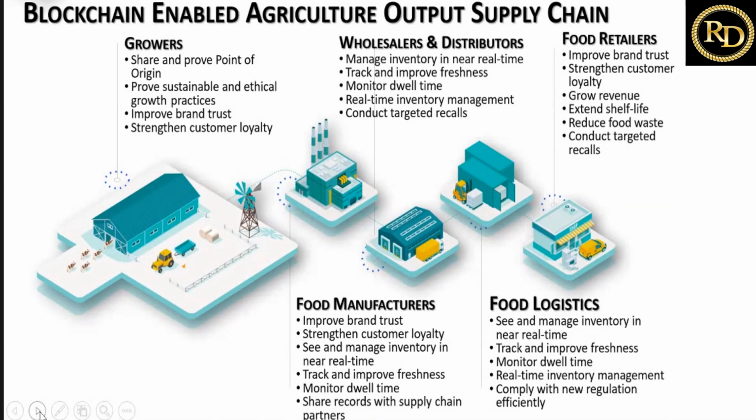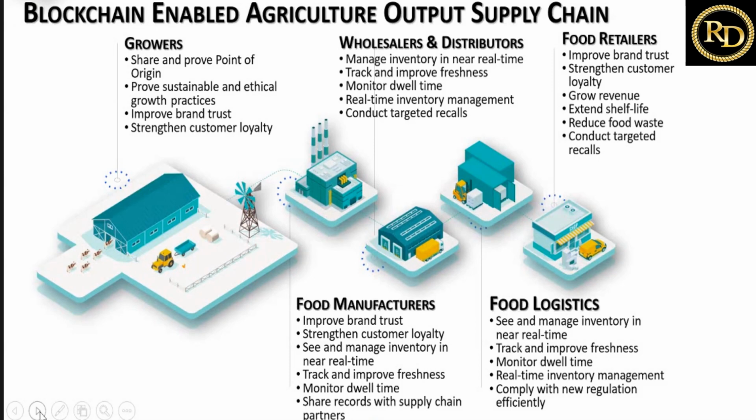Growers can share and prove the point of origin, prove sustainable and ethical growth practices, improve brand trust, and strengthen customer loyalty. Food manufacturers improve brand trust, strengthen customer loyalty, manage inventory in real time, monitor dwell time, and share records with other supply chain partners. Wholesalers and distributors can manage inventory, track and improve freshness, monitor dwell time, and conduct targeted recalls.